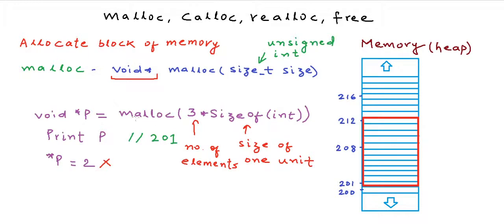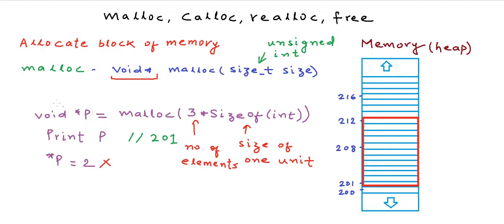Because malloc itself is a generic function to allocate some number of bytes in memory in heap, it does not care whether you are allocating this memory to store a character or an integer or any other data type. It simply returns a void pointer to the starting address. To be able to use this block of memory, we first need to typecast this void pointer into a pointer of some data type.